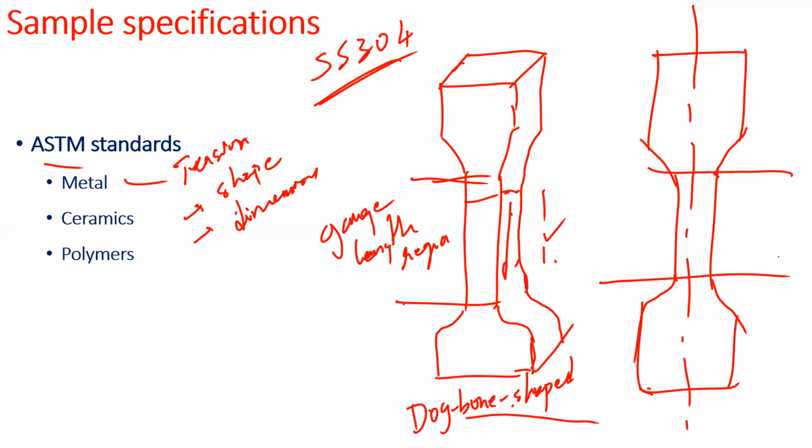So this is the gauge length region, and this is the grip region, which is going to go into the grips of the UTM. So typically an ASTM standard will specify shape, dimensions, and sometimes also the temperature conditions, temperature and pressure.